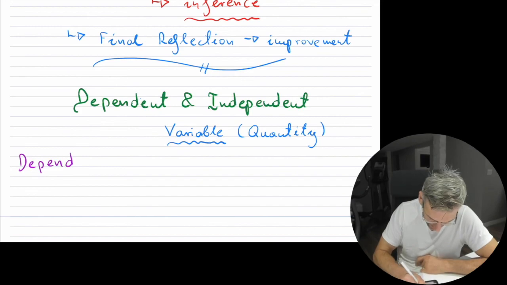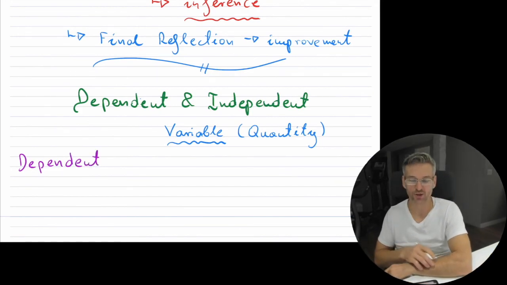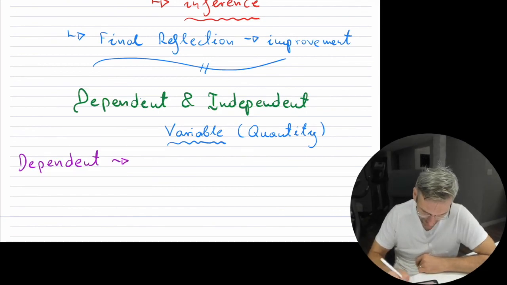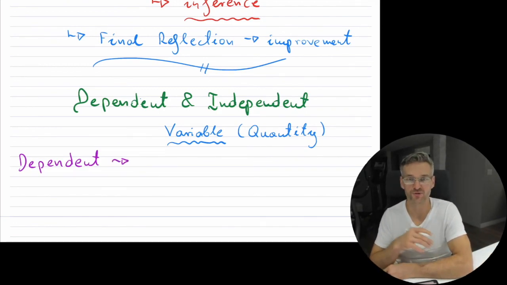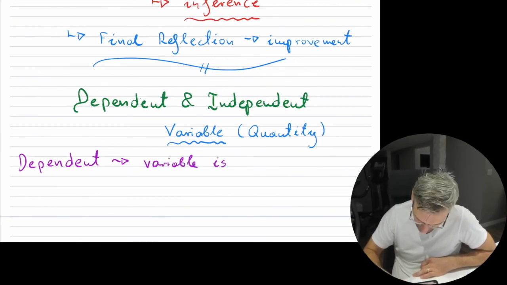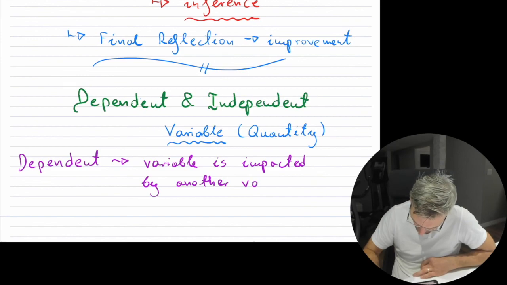So dependent, in this context of relations, meaning data sampling and collecting data, what that typically means is, remember that these are variables, those quantities like mass and volume and pressure and heart rate. So a dependent variable is impacted by another variable.